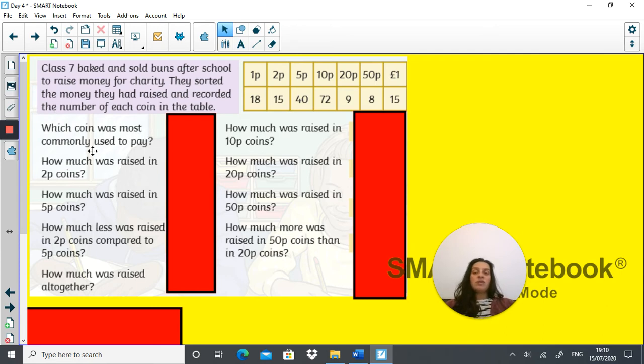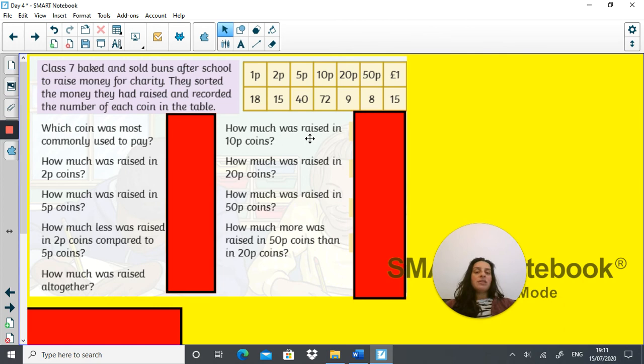Which coin was most commonly used to pay? How much was raised in 2p coins? So how much in total was raised in 2p coins? How much was raised in 5p coins? How much less was raised in 2p coins compared to 5p coins? How much was raised altogether?